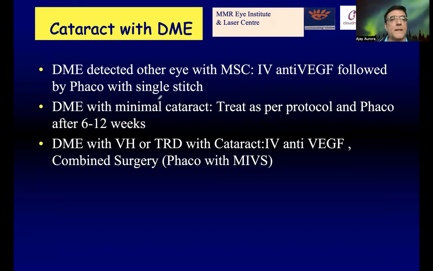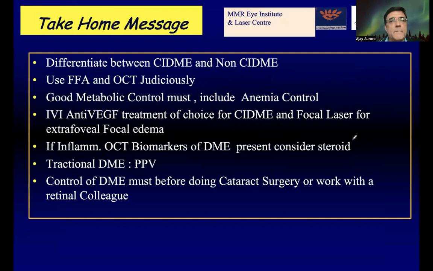Now, DME with a minimal cataract, treat as per protocol and do phaco about 10 to 12 weeks later. DME with vitreous hemorrhage or TRD with a cataract, you should give an intravitreal injection of anti-VEGF. We normally wait for about 3 or 4 days, and then we do a combined surgery or a phaco with a vitrectomy.